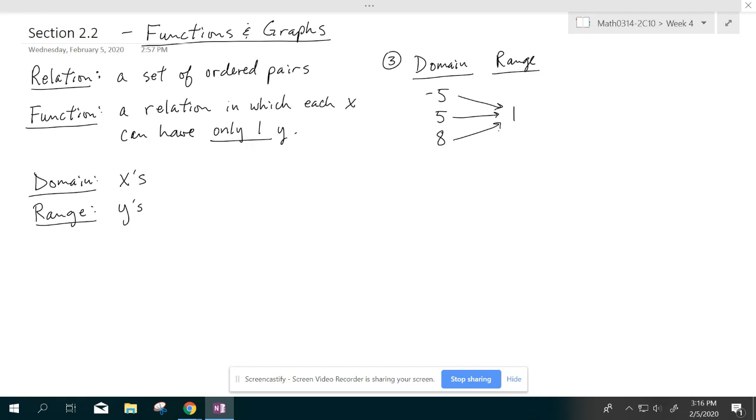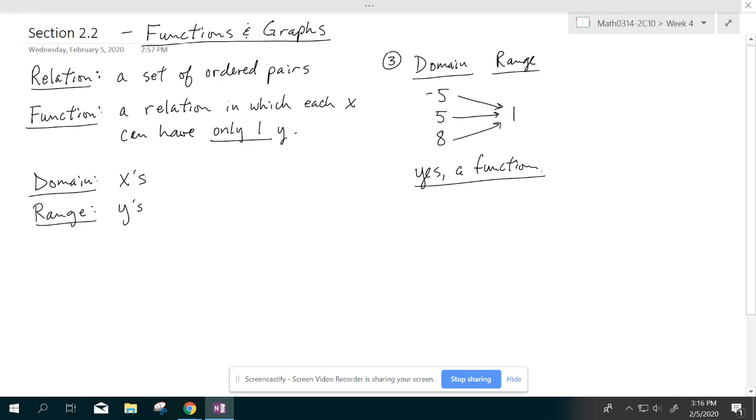Do you see it shows a relationship between the x's and the y's? It shows how the x's and the y's relate to each other. It's a relation. I want to know, is that a function? Yes or no? Okay, yes, it's a function. And does everybody understand why, looking at that, we can tell it's a function? It's because each element of the domain maps to only one element of the range.